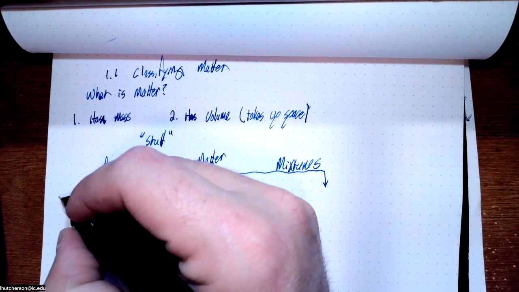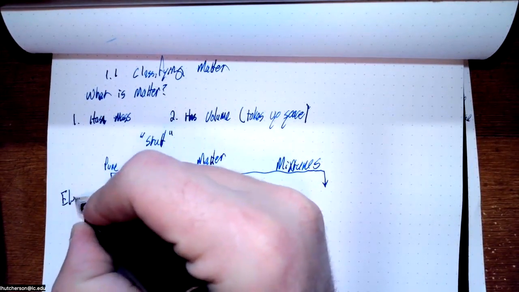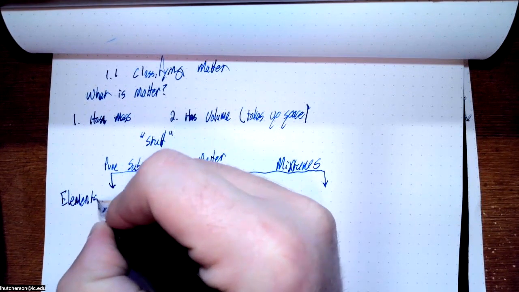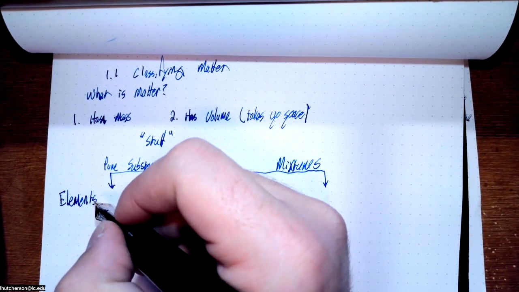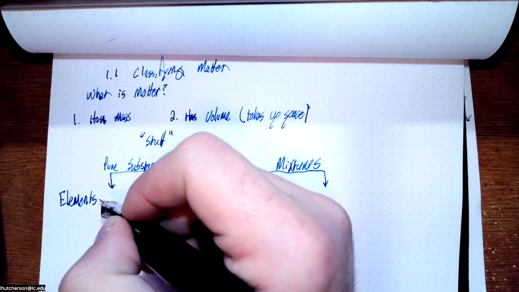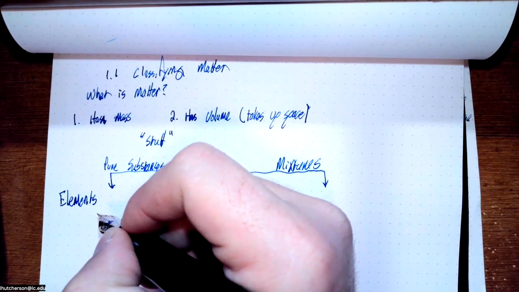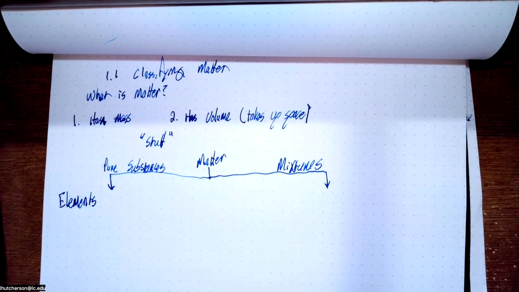That's two different things. Let's talk about elements first. Elements are things that we find on the periodic table. That's a little bit more of a section 1.2 topic, but just some common elements that you might find around you: oxygen, nitrogen, things like that.